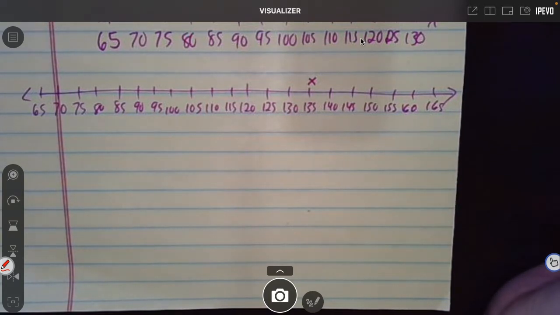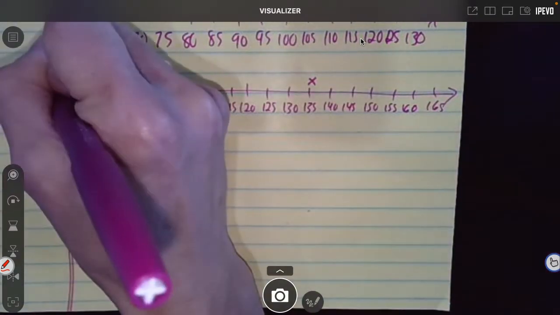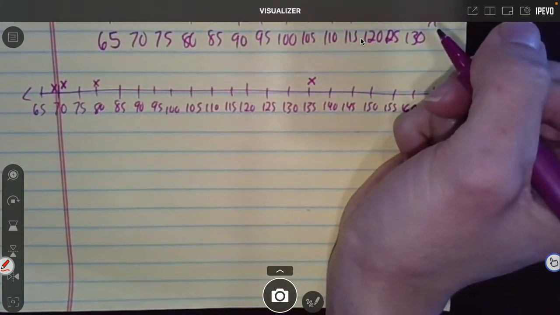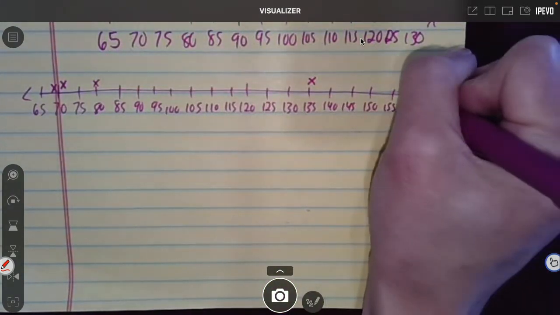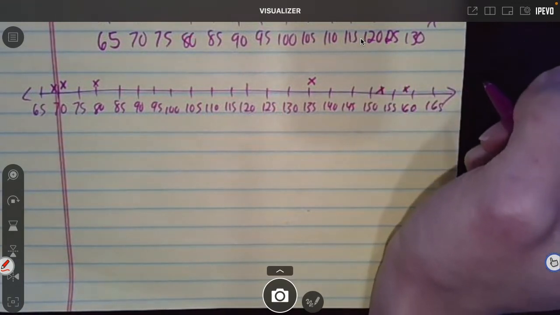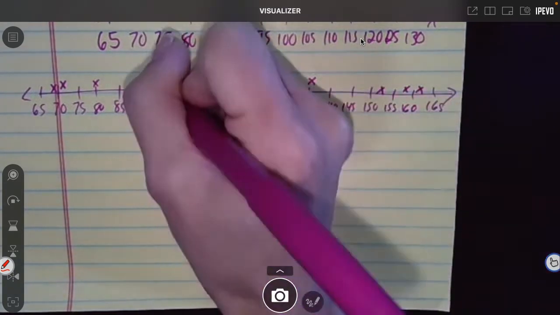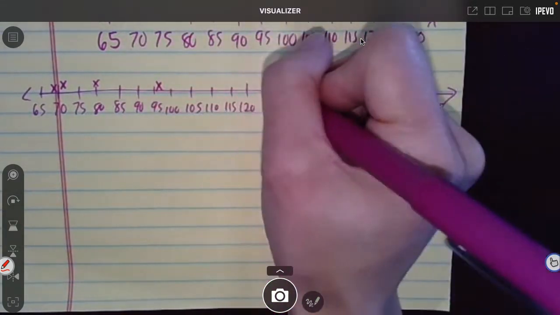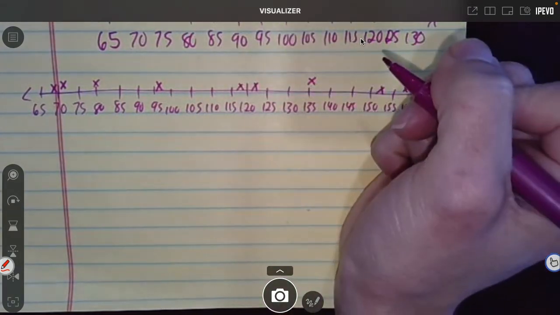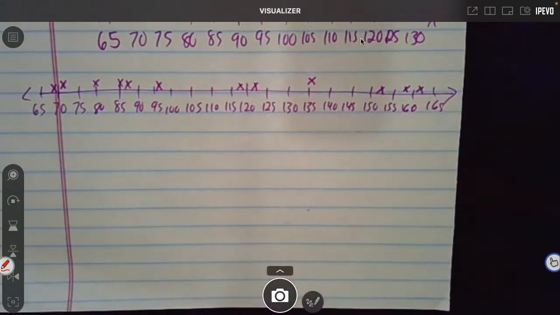What's my next number? 71, I'm marking one there. 69, I'm marking one there. 80, 158, 152, 161, 96, they're spread all over the place, 122, 118, 87, and 85. Okay, I'll give y'all a second.